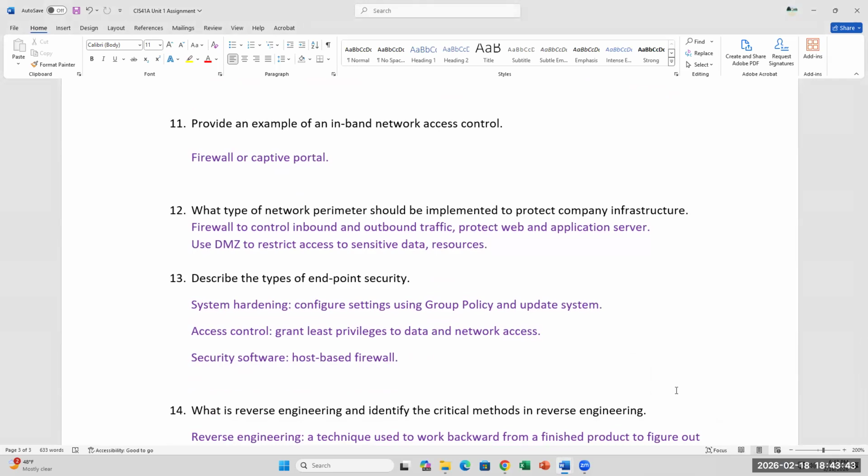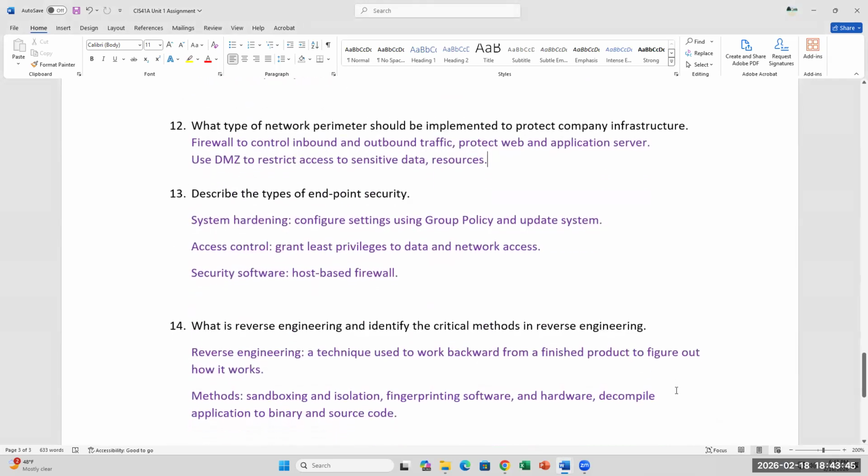Okay, so let's talk about endpoint security. What type of endpoint security should we implement? One, you need to harden your system. We can do this by configuring your settings using group policy, right? You've seen this in Windows environment, in some of your lab exercises in CIS-47.